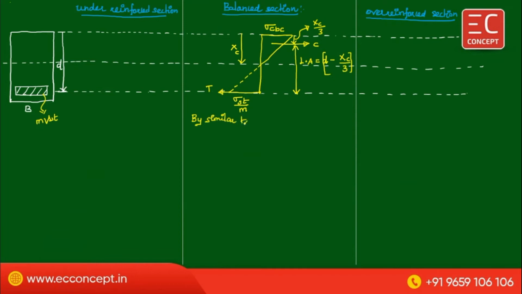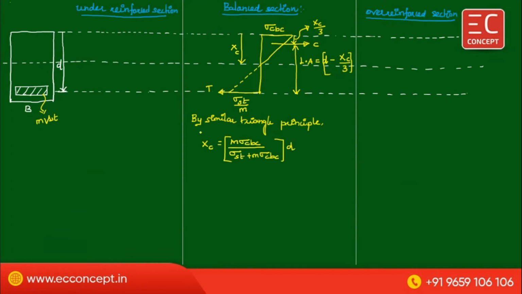From the similar triangle principle, you will get XC is equal to M into sigma CBC, the whole divided by sigma ST plus M into sigma CBC, into D. You have to keep this in your mind.